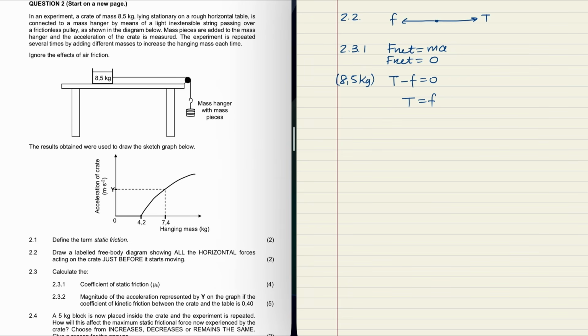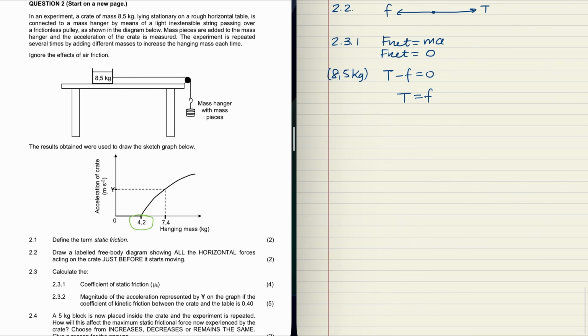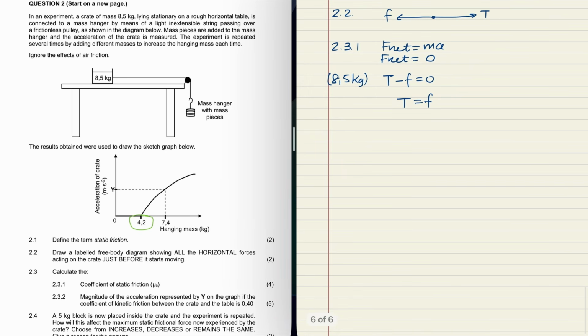Now, if we look at the hanging mass, we can read the graph here, and the hanging mass is stationary when the mass is 4.2 kilograms. So for the 4.2 kilogram block, I'm going to say again that F net is equal to 0. Now, when that mass piece is hanging, there's only two forces acting on it, one being tension and one gravity.